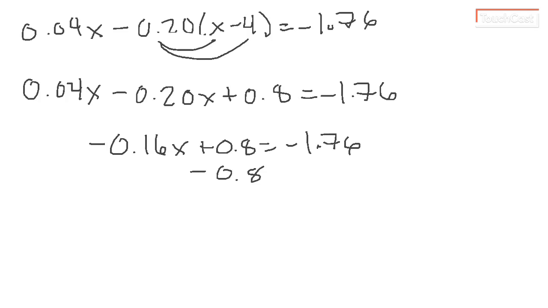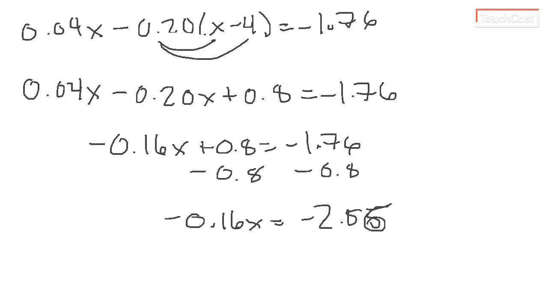Subtracting 0.8, we're going to get negative 0.16x equals negative 2.55, and if we divide that by negative, correction before we do any division, this should be 0.56. Let me clean that up so you can read that.